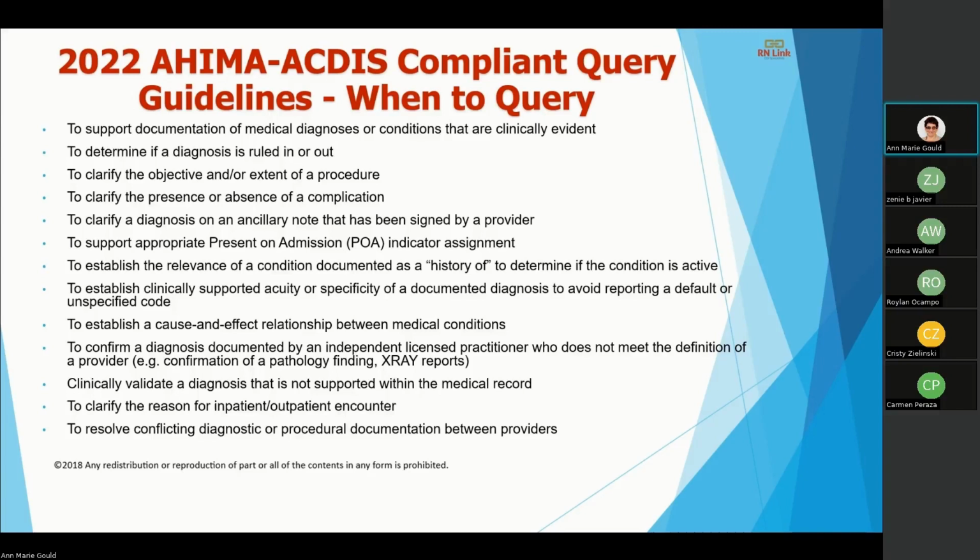If you only have heart failure documented without the acuity and the type, then it's going to be heart failure unspecified. You always want to try to get the unspecified codes specified as much as possible. You also want to send a query for a cause and effect relationship between medical conditions.